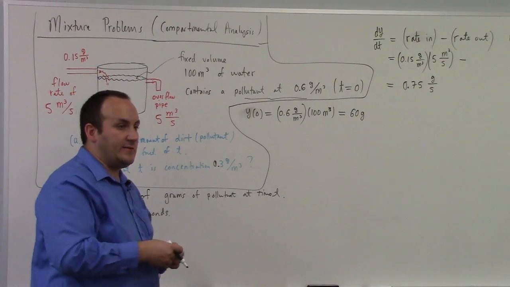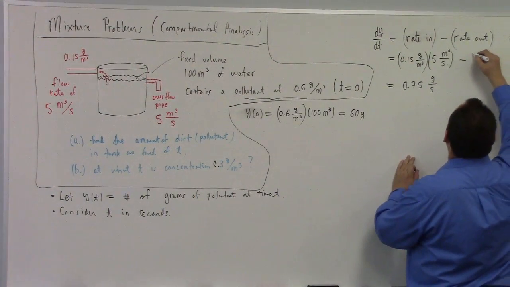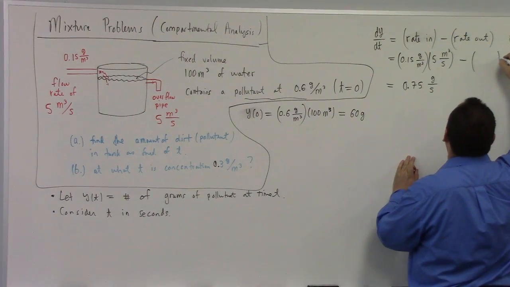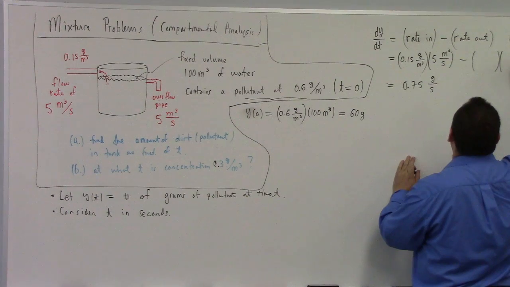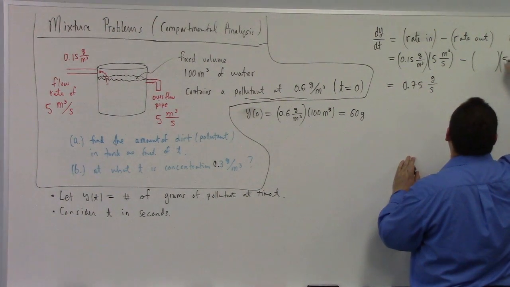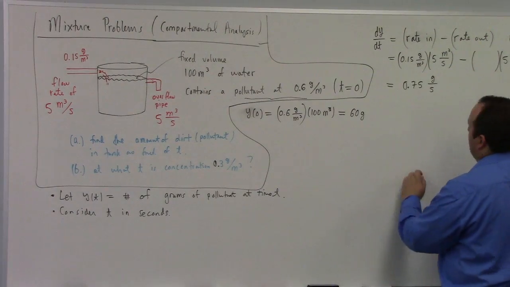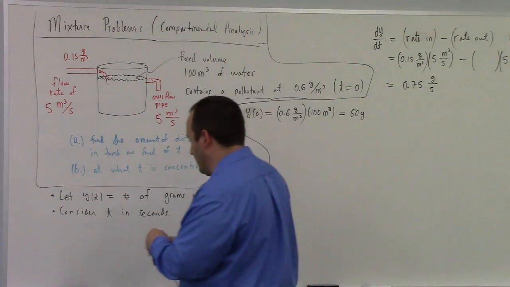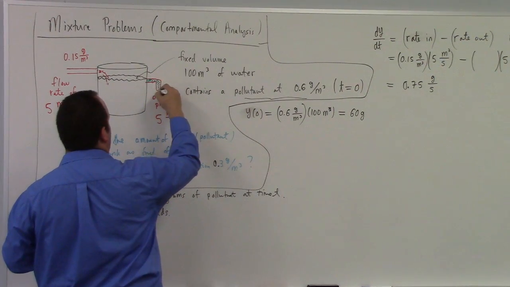What's the rate out? The rate out should be the concentration, the grams per cubic meter of the water that's flowing out, times the flow rate, which is also 5 meters cubed per second. But what's the concentration of this water?